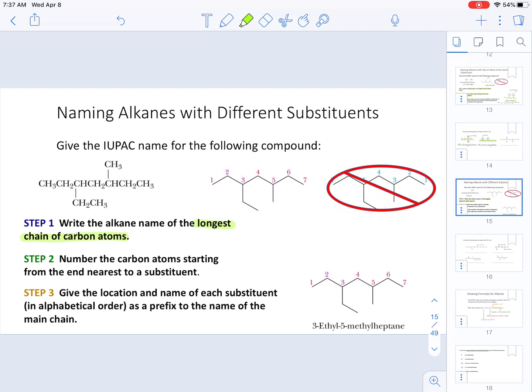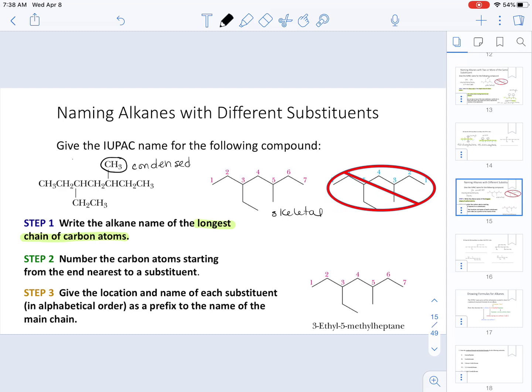Now, if we look at our molecule, on the top towards the left side of the slides, we have the condensed structure. And this is the skeletal structure for the compound. We have the magenta arrangement and the blue arrangement. In this case, we have 2 different types of substituents.